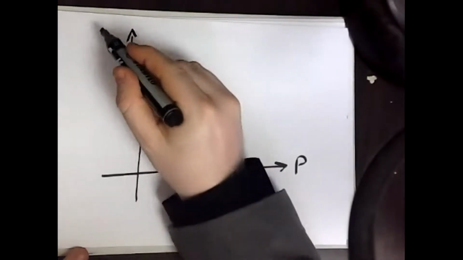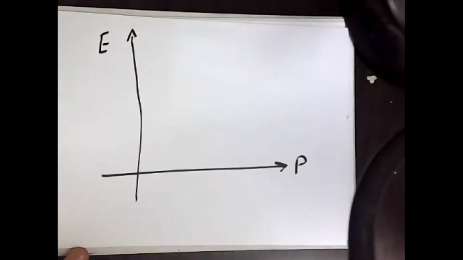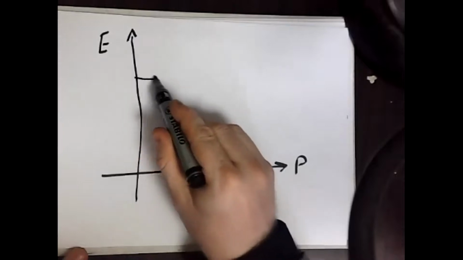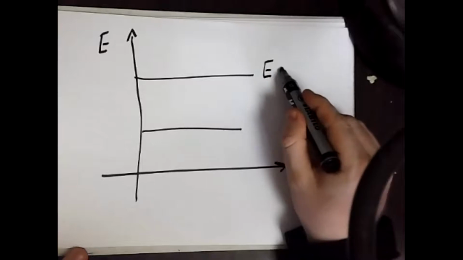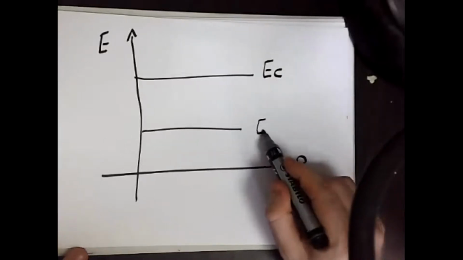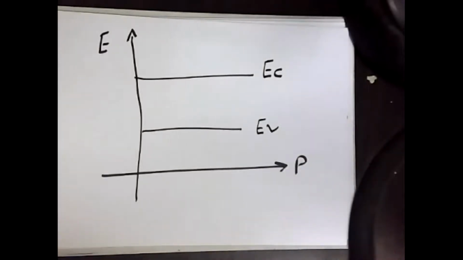And this is the energy. So you have something like this. This is the conduction band, and this is the valency band. Okay. And I told you, please, let's start to plot the probability to find electrons at 0 Kelvin. Let's try to plot this function.